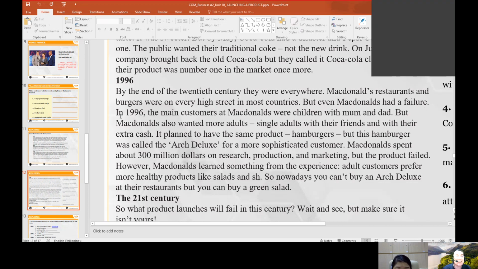In 1996, the main customers at McDonald's were children with mom and dad.